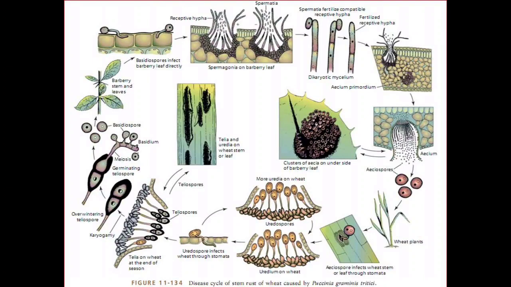Upon infection, this fungus produces uredosori, which release the uredospores. These are millions in number. As the disease advances, the same mycelium in the host produces teliospores, either in uredosori or in telia.